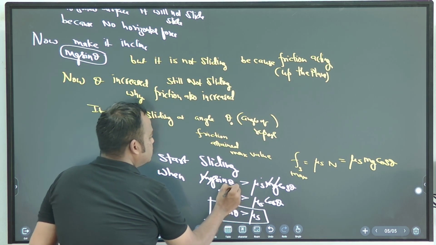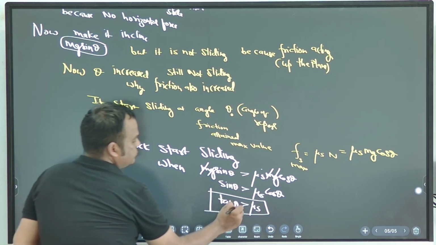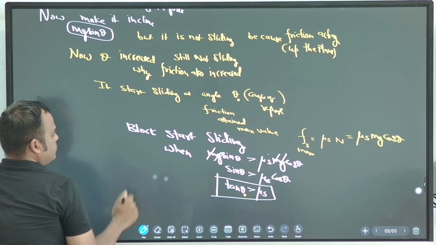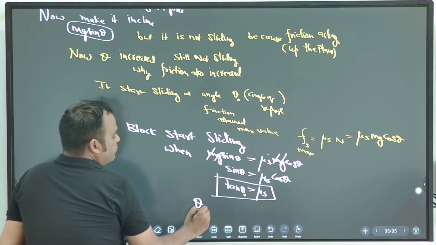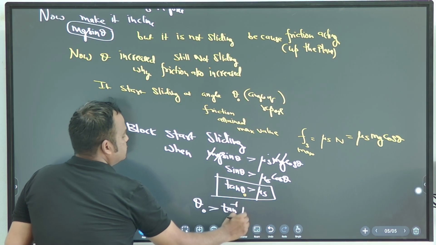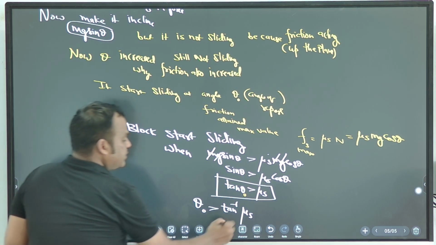Okay, understood? So what is the formula for angle of repose? Tan inverse mu s.